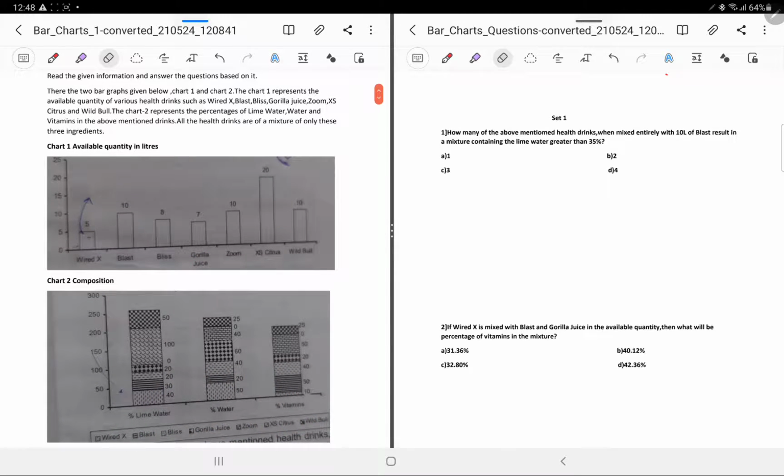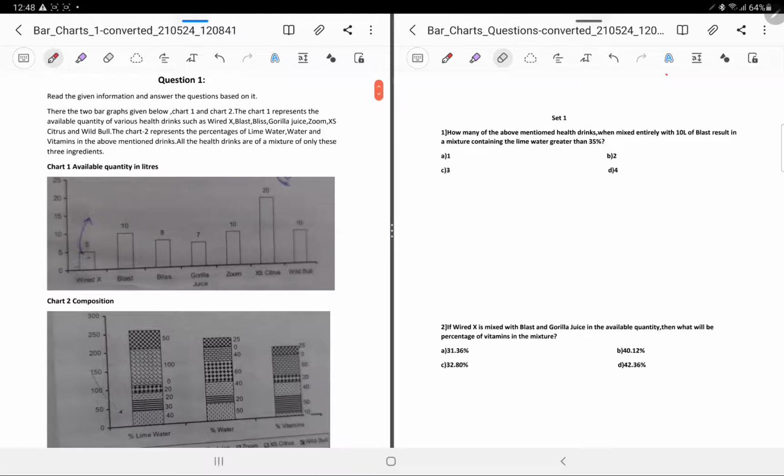How many of the above mentioned drinks, when mixed entirely with 10 liter of Blast, result in a mixture containing lime water greater than 35%? So Blast is 10 liters.